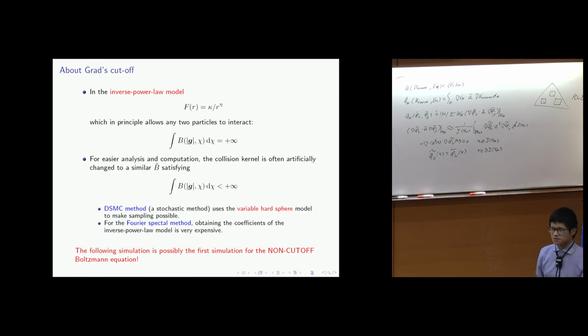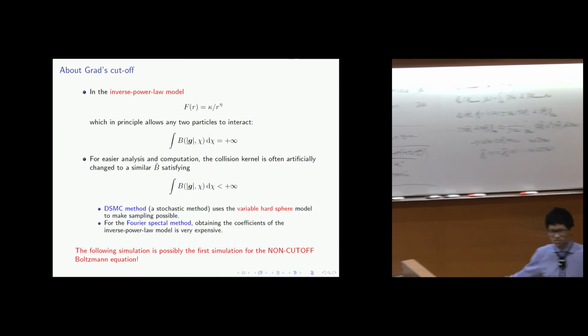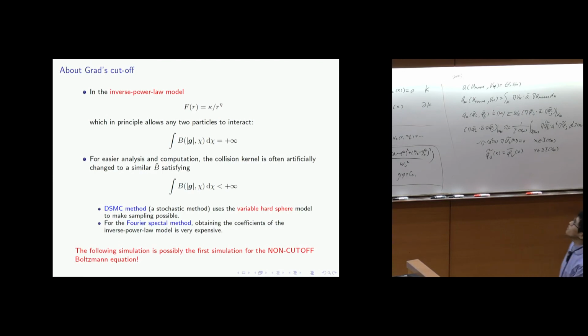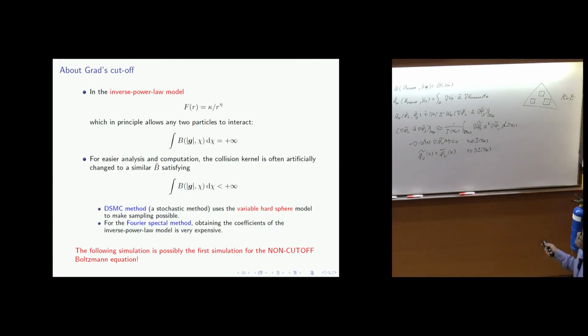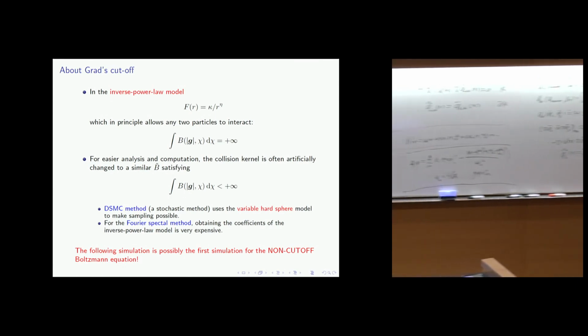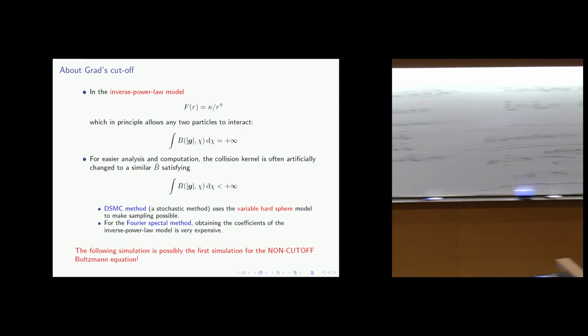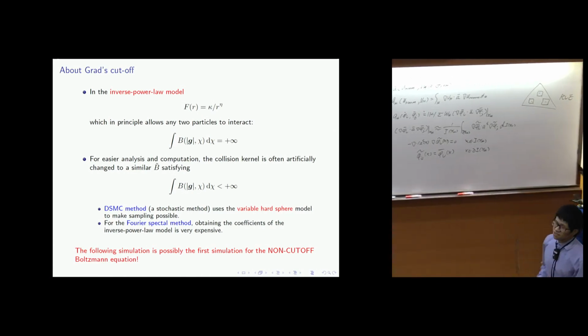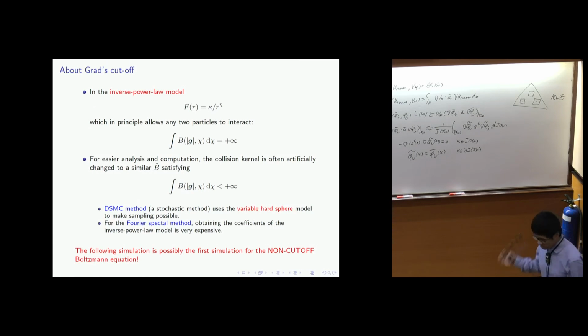So if two molecules collide with each other, the trajectory is roughly like this. And this kernel has a property. If you integrate this kernel, you get infinity. So this is just like in some non-local problems, you have a non-integrable kernel, and this is the same case. But actually, this introduces great difficulty in both analysis and computation.